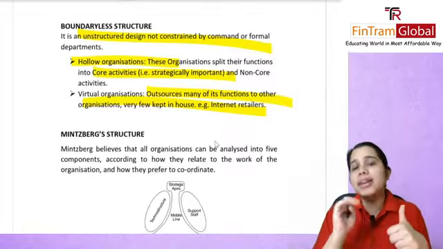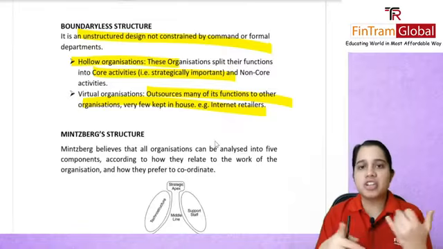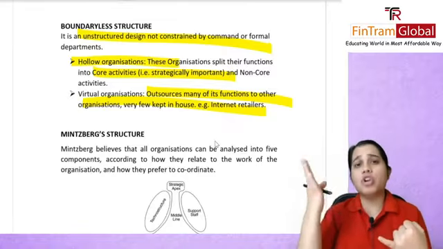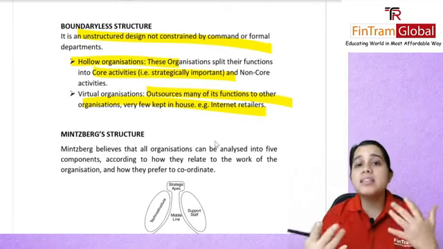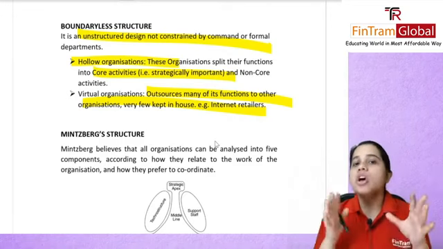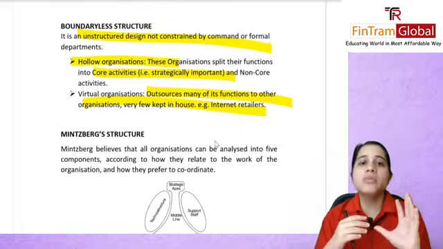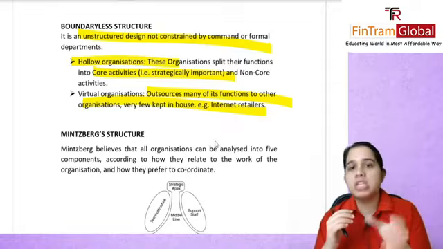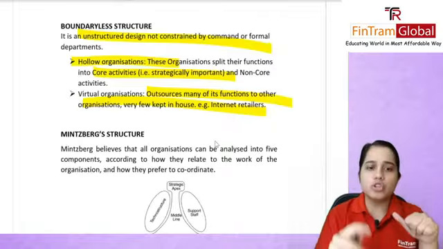You need to go online and buy. These organizations would usually outsource most of the functions, like a different organization doing their delivery, maybe another organization handling their customer calls and all of that. So these are your virtual organizations. It's not like they will only outsource their non-strategic or non-core activities. They can outsource any of the functions.